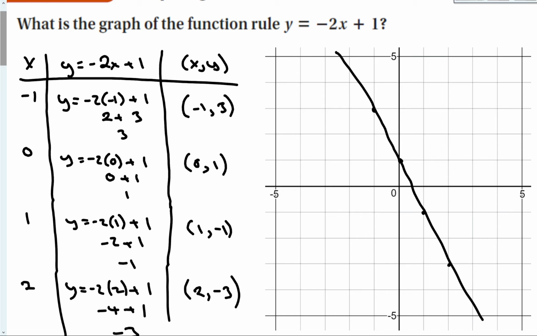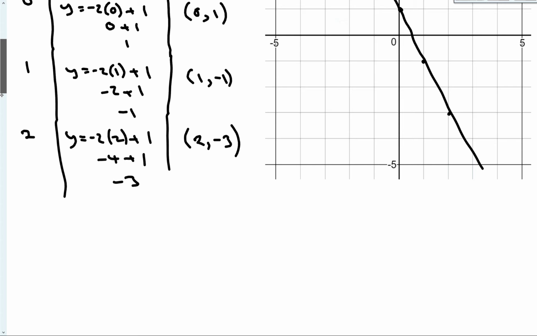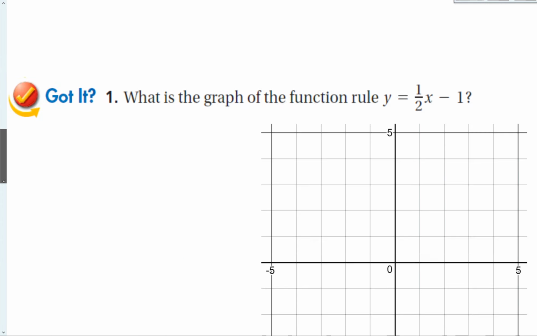And this method of making a table and plotting points will work for any function that we want to graph. Now, as we go forward, we're going to learn little tricks to make graphing faster for whichever function we're going to graph, but we can always fall back on this method if we have to.